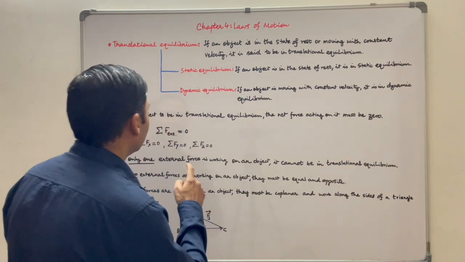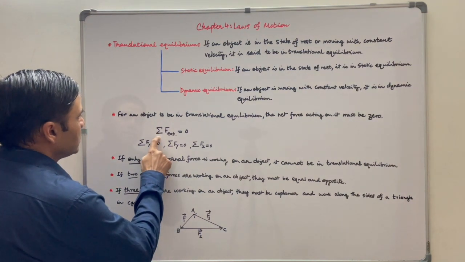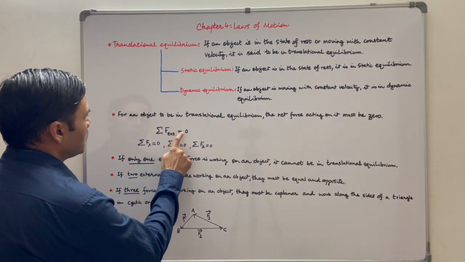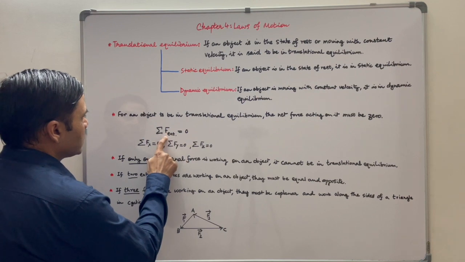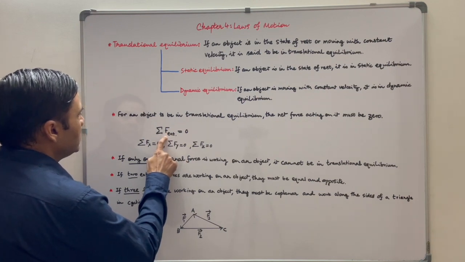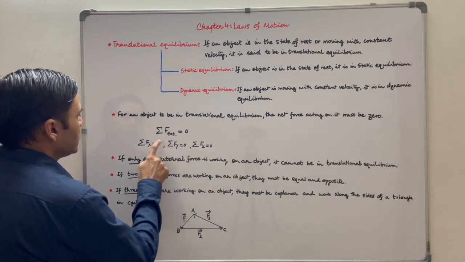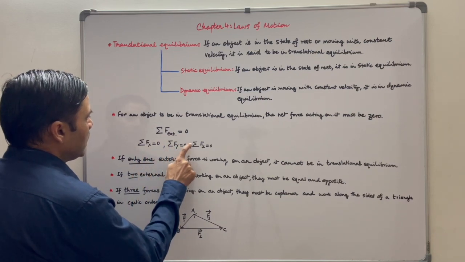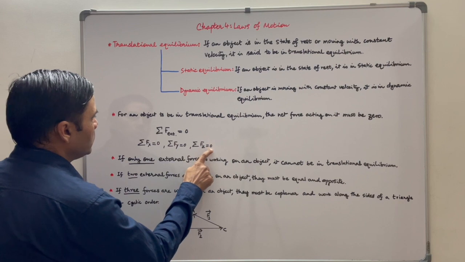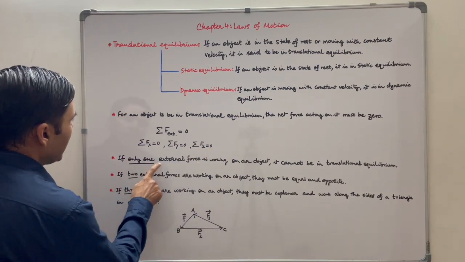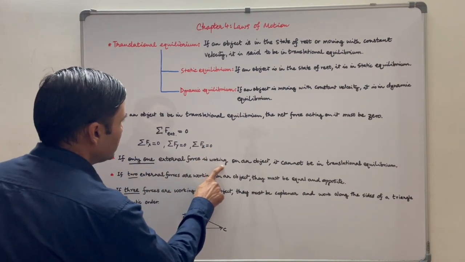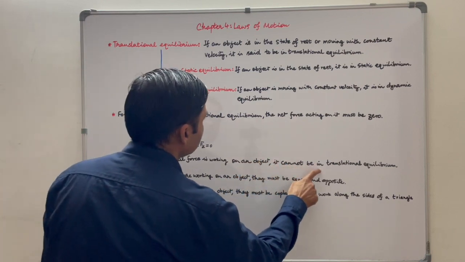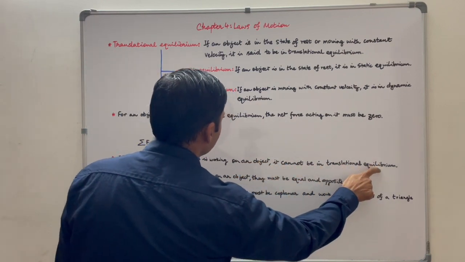So the condition for translational equilibrium is summation of F external is equal to 0. If F external is resolved along the 3 coordinate axes, then summation of Fx is equal to 0, summation of Fy is equal to 0, and summation of Fz is equal to 0. If only one external force is working on an object, then it cannot be in a state of translational equilibrium.